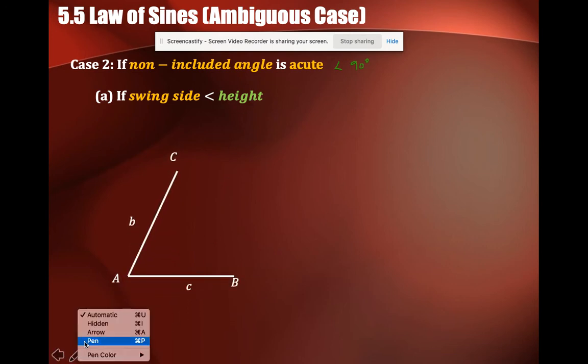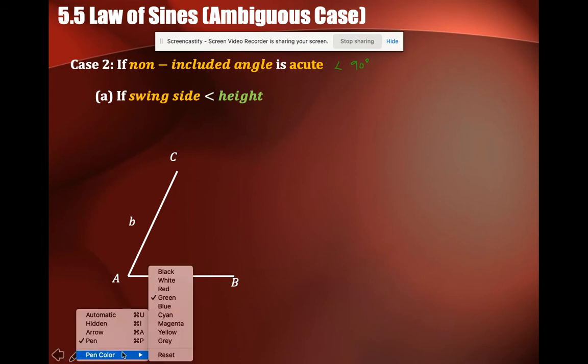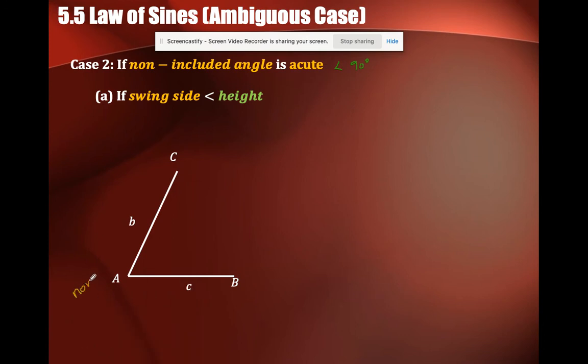So this time, here's my non-included angle, less than 90 degrees. I was given this side, the connected side, and then I was given the length of the swing side. First, I'm going to draw in my height.